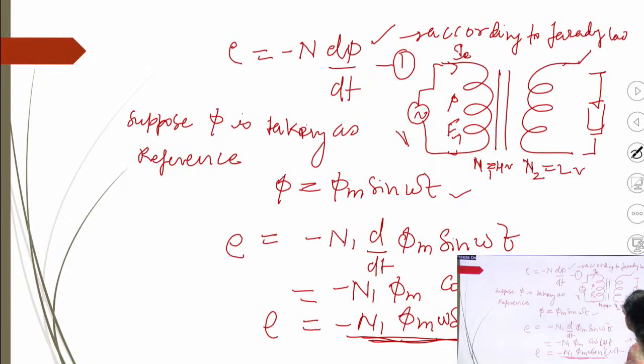All flux produced by the primary links with the secondary and is confined in the core only, no flux leaks in the air. So this same flux, which is changing, is also responsible for producing the EMF in the secondary side in a similar manner.